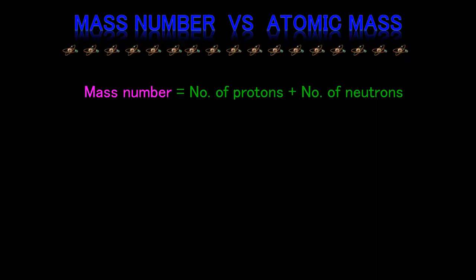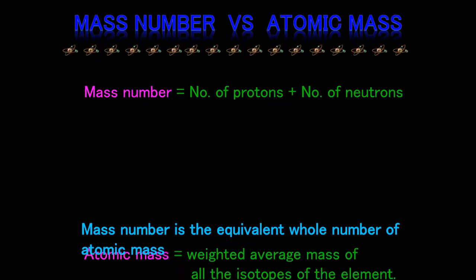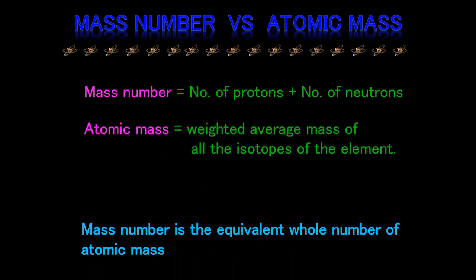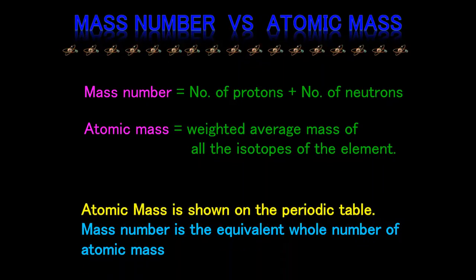However, mass number is equivalent to the whole number of atomic mass. And the atomic mass, as we discussed earlier, is the weighted average mass of all the isotopes of the element and can be found in the periodic table.